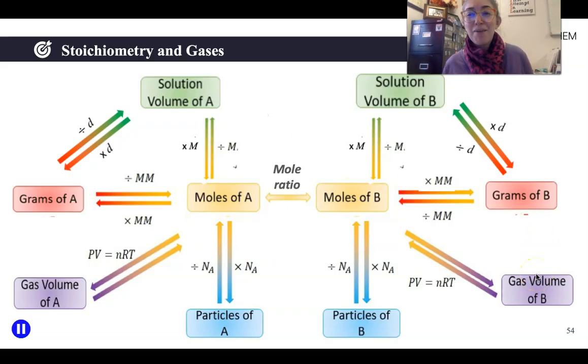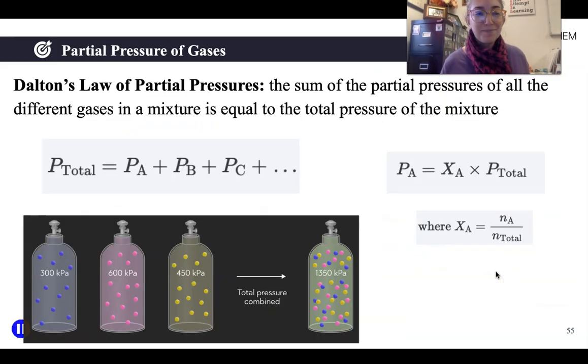We did that in lab last semester too, where you had a solution of vinegar and solid baking soda, and you had to figure out how many grams of baking soda and how many milliliters of vinegar you needed in order to produce a certain number of moles of gas to fill the volume of a balloon. So practical use of stoichiometry there.